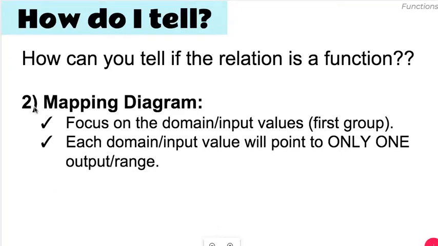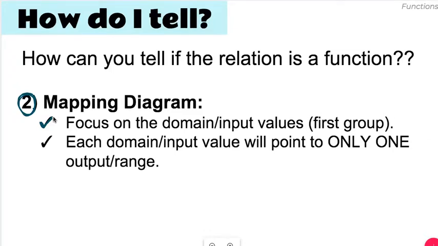Number 2, a mapping diagram. So if you're given a mapping diagram, and if you forgot what that was, we'll do some examples in a second. If you have a mapping diagram, how are you going to decide if the relation is a function? Just like the list and the table, we're going to focus on the first set of numbers. Okay, remember, a function says that there are no numbers repeating in the first element.